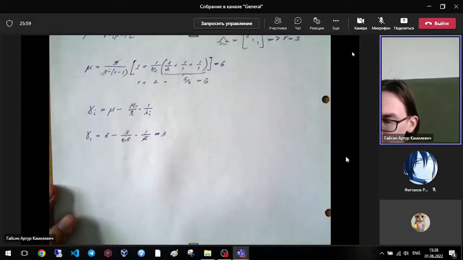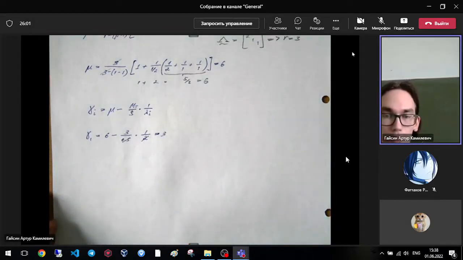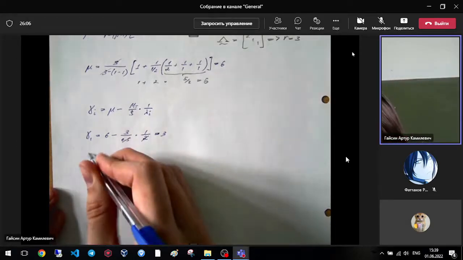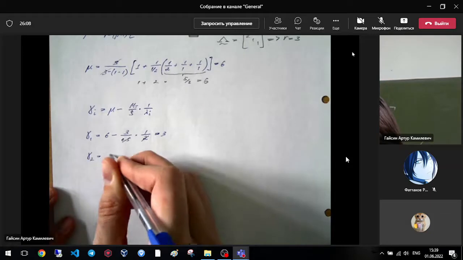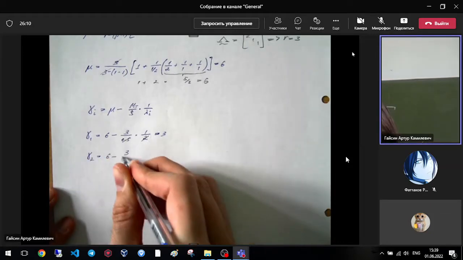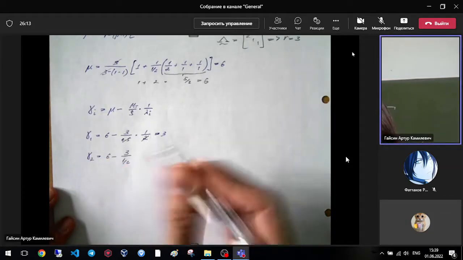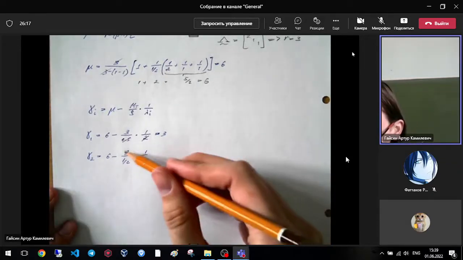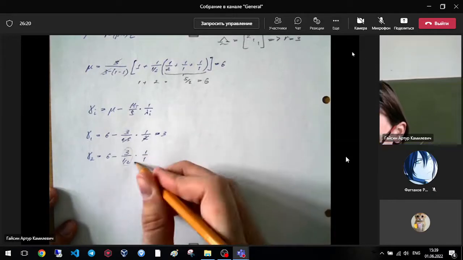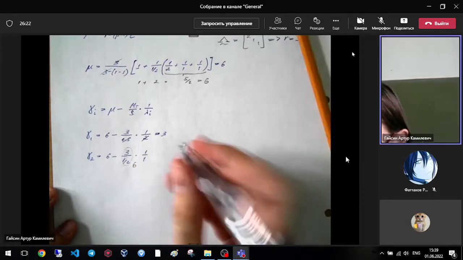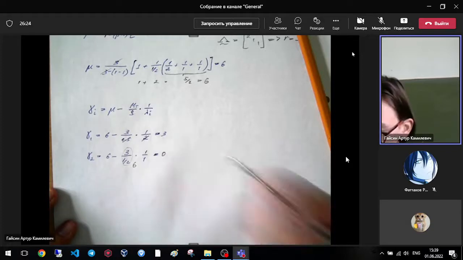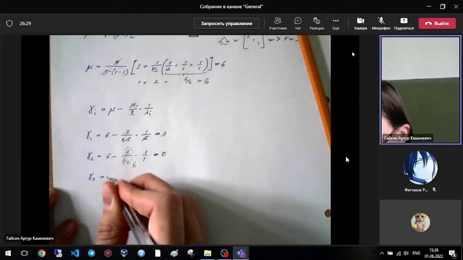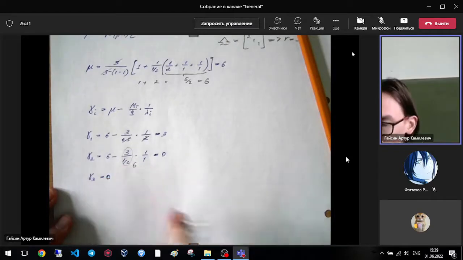And now the first gamma is equal to 3. Then let's calculate the second one. 6 minus 3 divided by 1 divided by 2 times 1 divided by 1. And you can see this one is equal to 6 here. And in this case, the second gamma is equal to 0. And the third one is also equal to 0 because the eigenvalue is equal to 1.